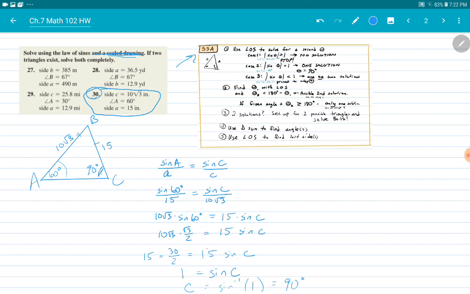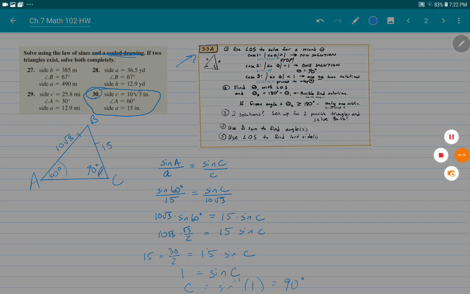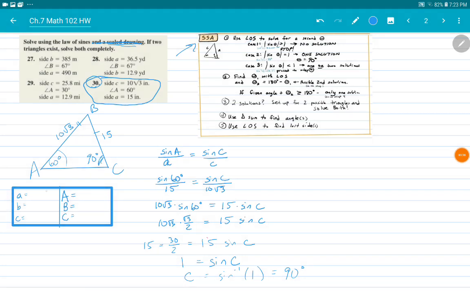Okay, so let's make my little triangle solution box. So I have A is 60 degrees, B is still unknown, C is 90 degrees, side A is 15 inches, side B still unknown, and side C is 10 radical 3 inches.